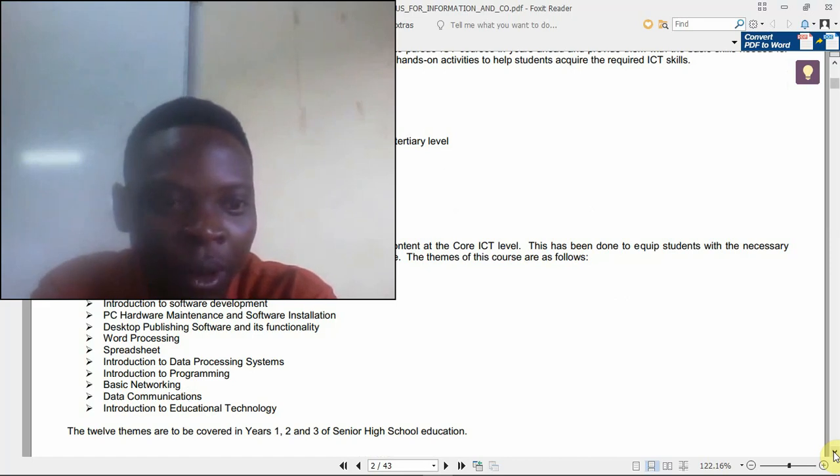Desktop publishing software and its functionality. Word processing, spreadsheet, introduction to data processing systems, introduction to programming, basic networking, data communication, and introduction to educational technology.